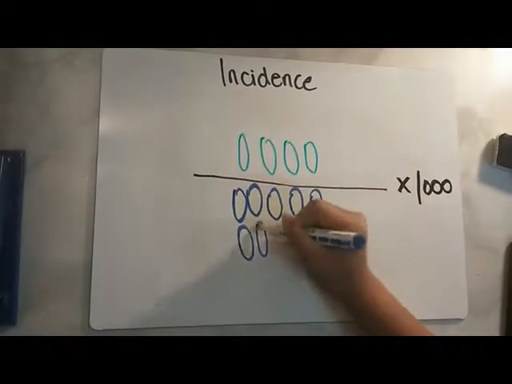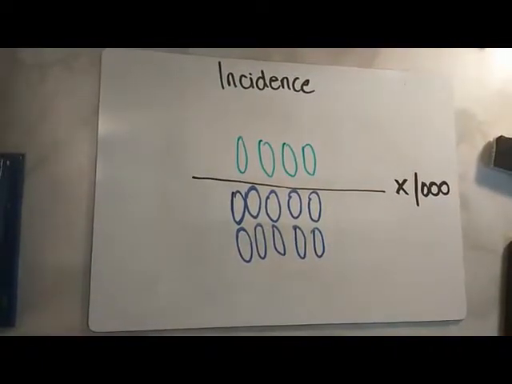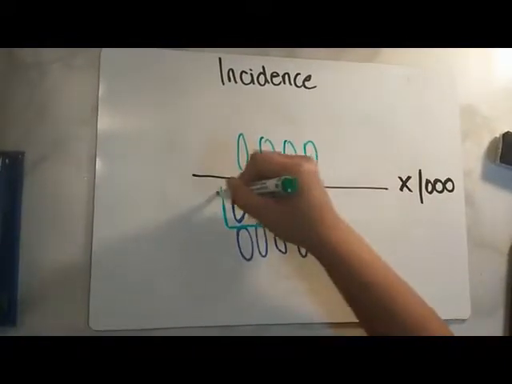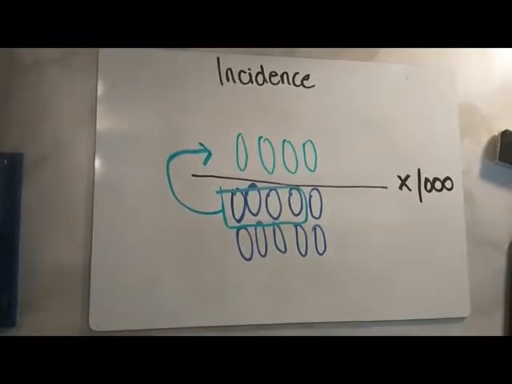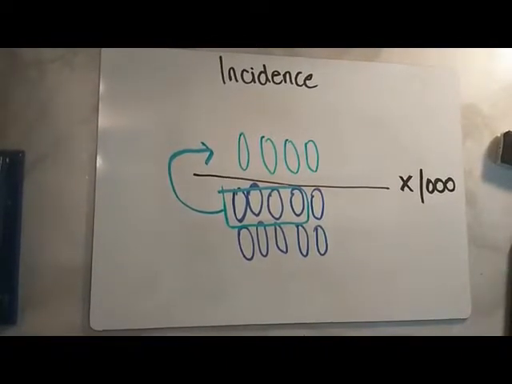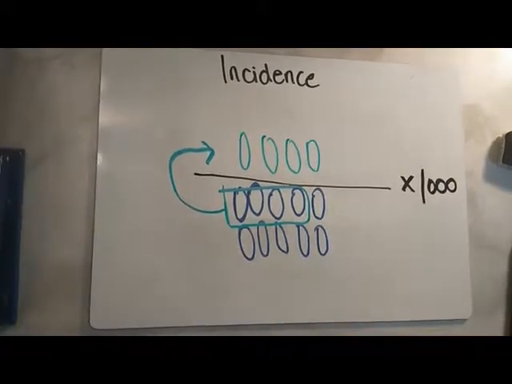What's critical for incidence is that every person in the denominator must have the potential to become one of the people in the numerator. If these 4 people were part of the denominator and transitioned from disease-free to diseased, they become part of the numerator.